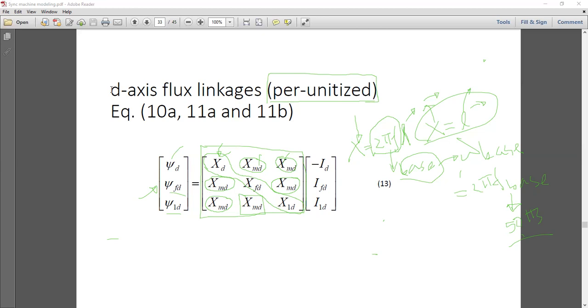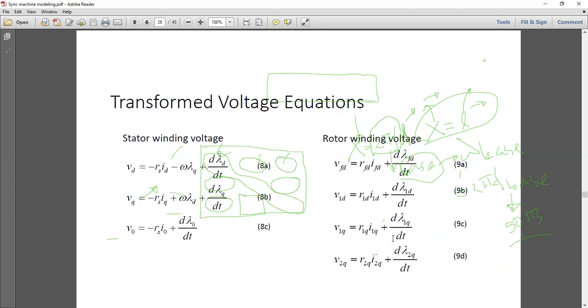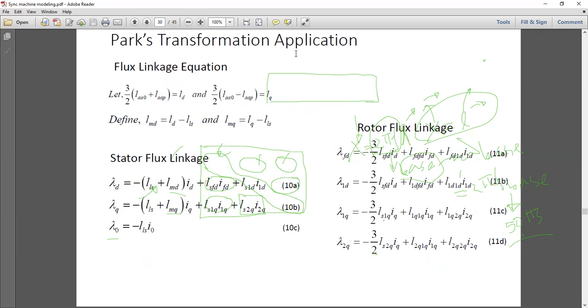So these three are the outcome of equations 10A, 11A, and 11B, where the original expression was like this. So we are taking the actual unit representation of lambda d. This is one of the D axis flux linkages. What are the other two? We take lambda FD, which is residing on the D axis.